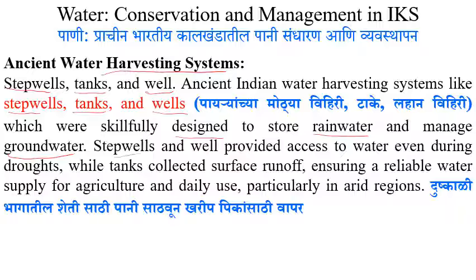Step wells and normal wells provided access to water even during droughts and scarcity of water, while tanks collected surface runoff, ensuring a reliable water supply for agriculture and daily use, particularly in arid regions.